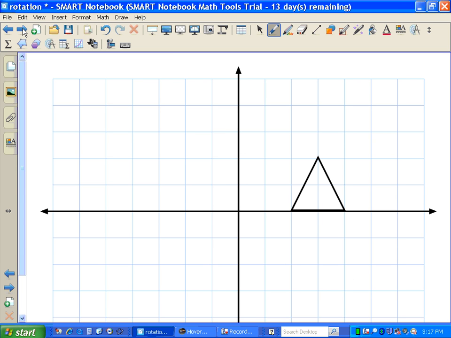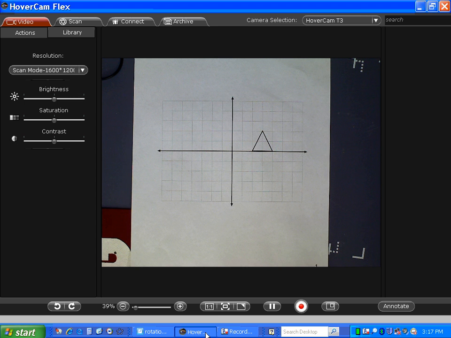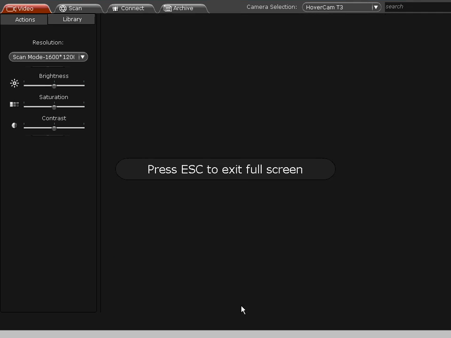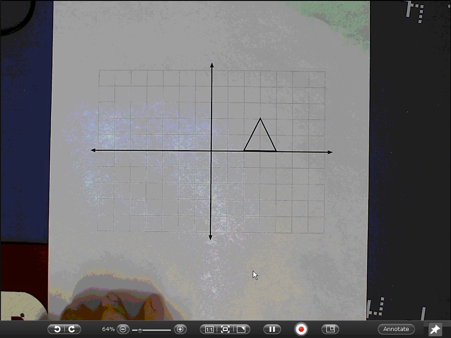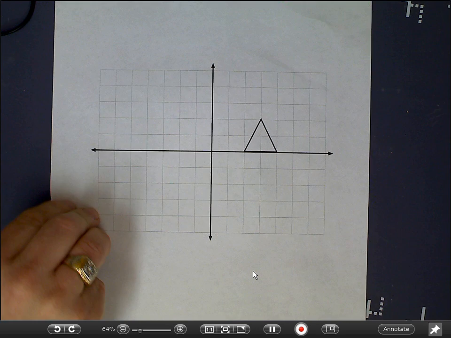As we work through, we're just going to be rotating, and the first rotation that we're going to do is 90 degrees counterclockwise. Counterclockwise again is this way. Going to try something new, see if this works out. You can see the little triangle that we just saw there. If I do a counterclockwise rotation on that triangle, watch.